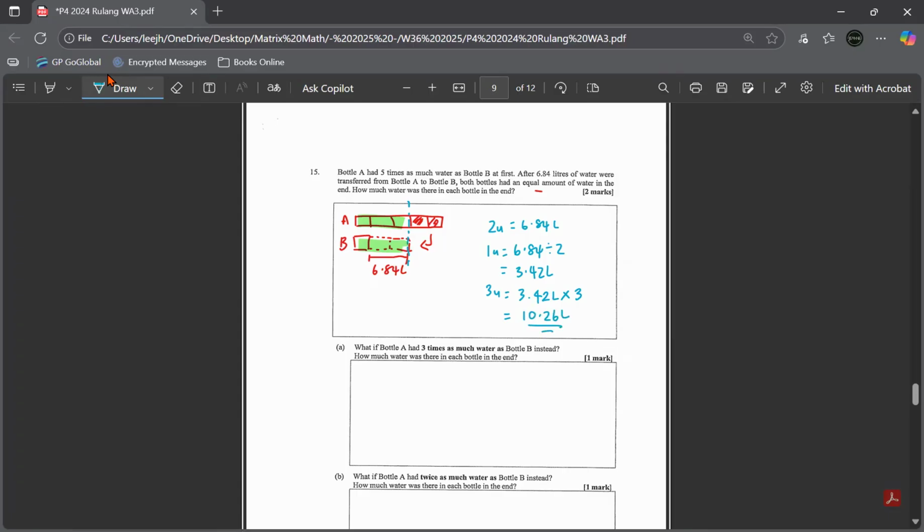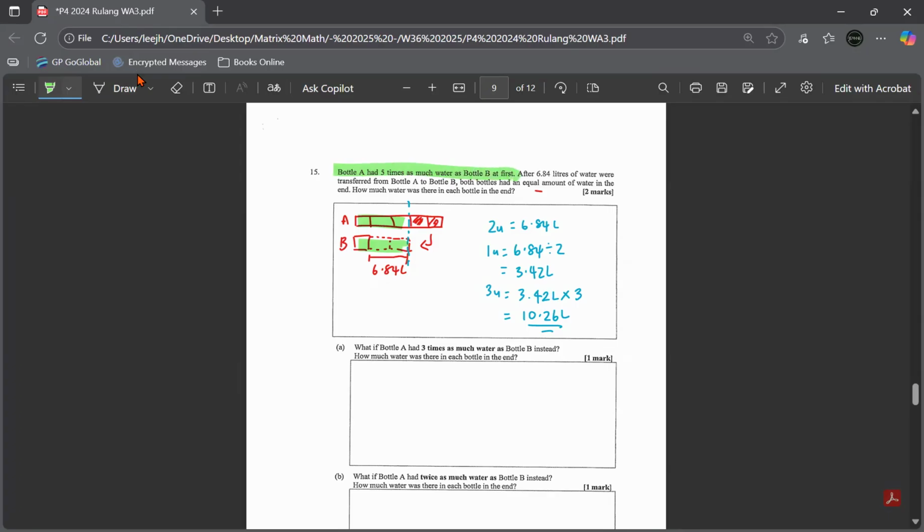Okay. Now, if they change the question, it says, what if bottle A had 3 times as much water as bottle B instead? So I am going to change the first sentence here. So that means they're changing this first sentence. This one is 5 times.